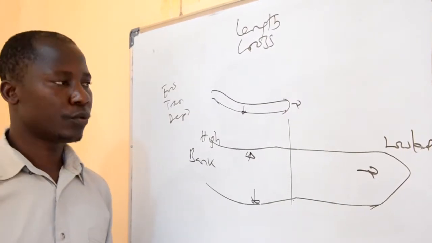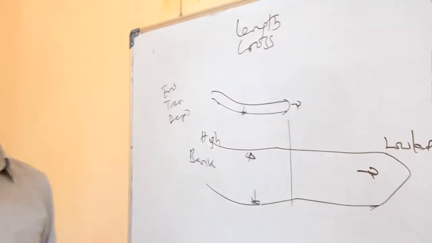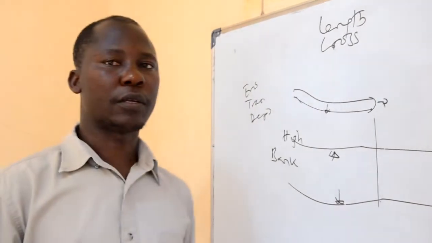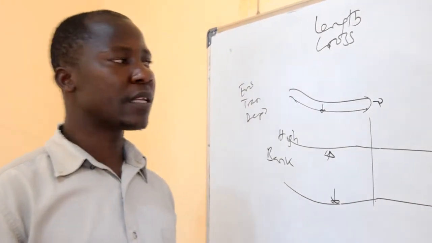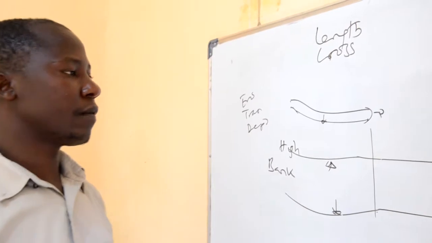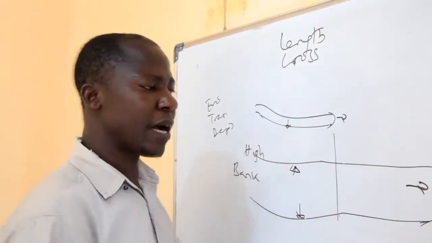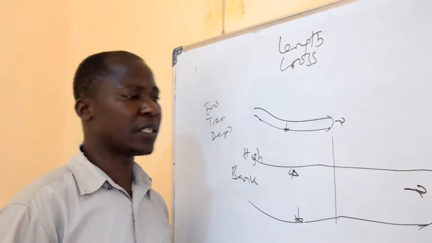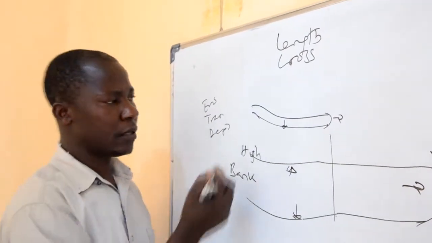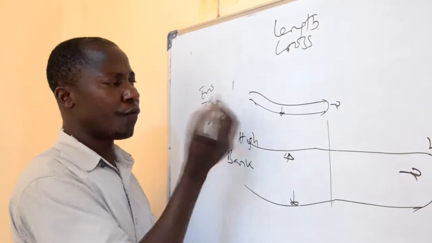But after some time, the river expanded to Tanga. That is the length. But wherever you are talking about cross profile, this is the expansion of the bank of the river.